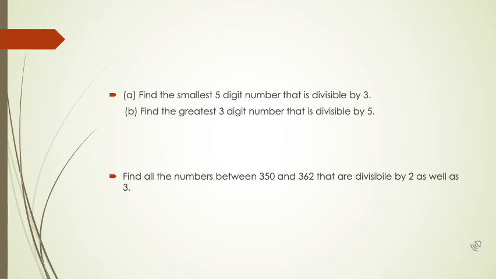The numbers between 350 and 362 that are divisible by 2 are 352, 354, 356, 358 and 360. These are the numbers that are divisible by 2, because they are even numbers. Now we have to check whether these numbers are also divisible by 3.